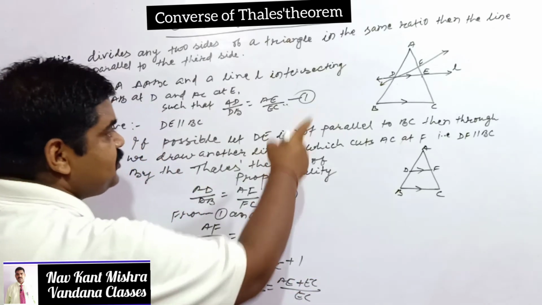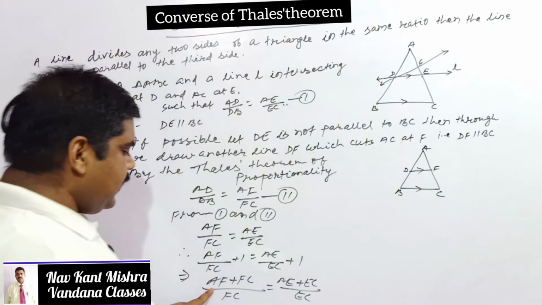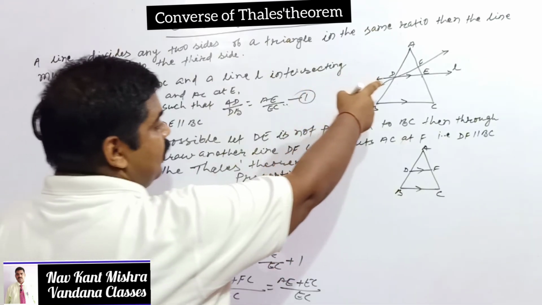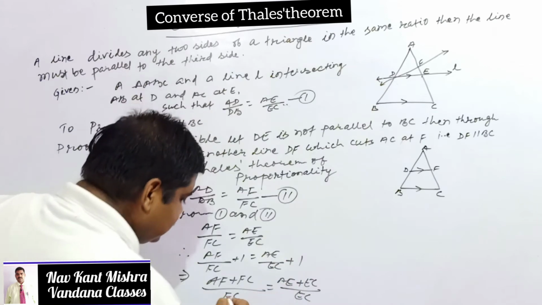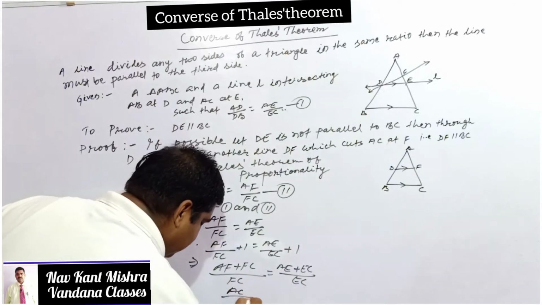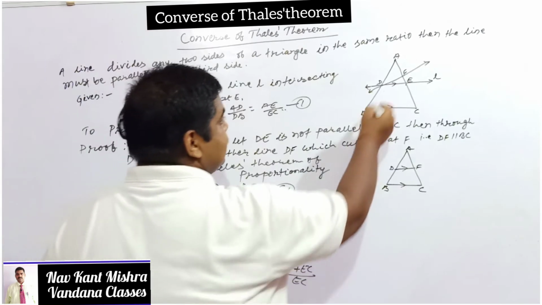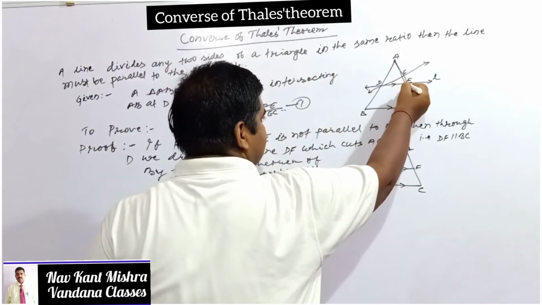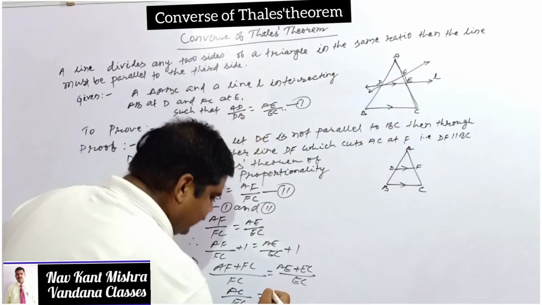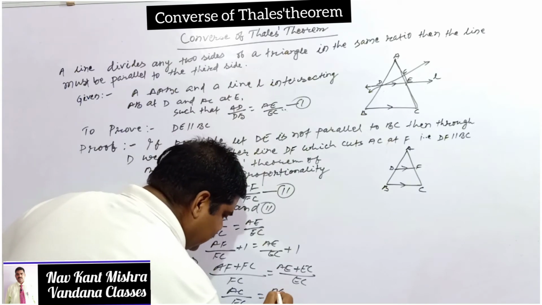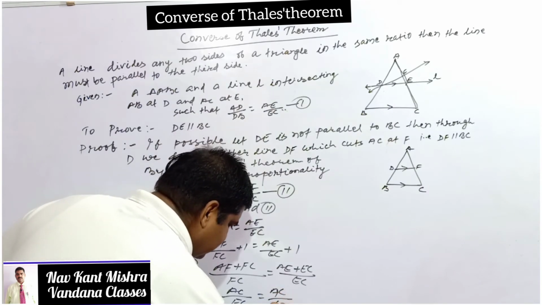And you can check in the figure, AF plus FC is equal to AC, and AE plus EC is also equal to AC.